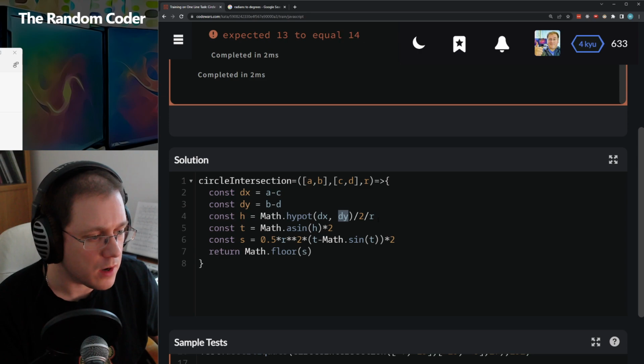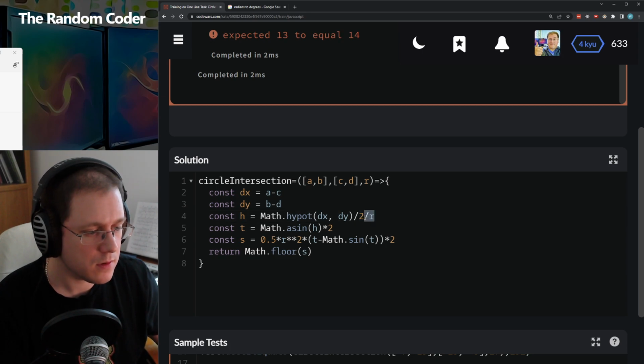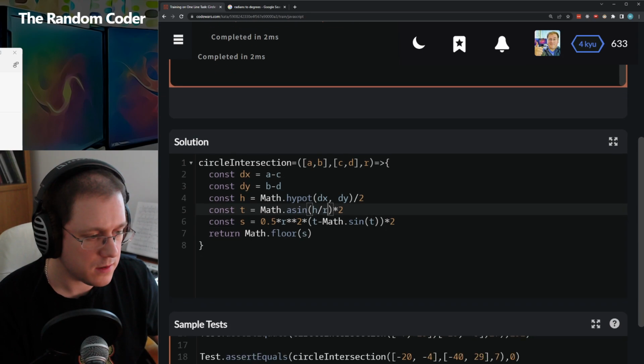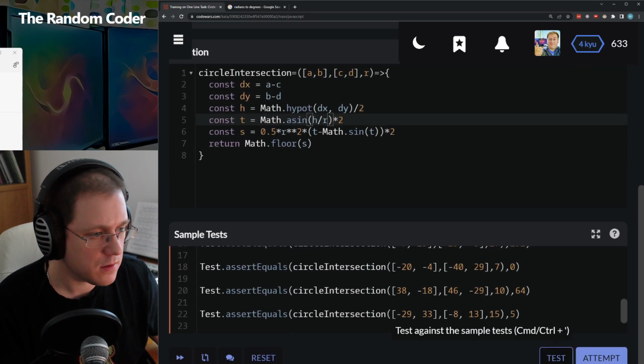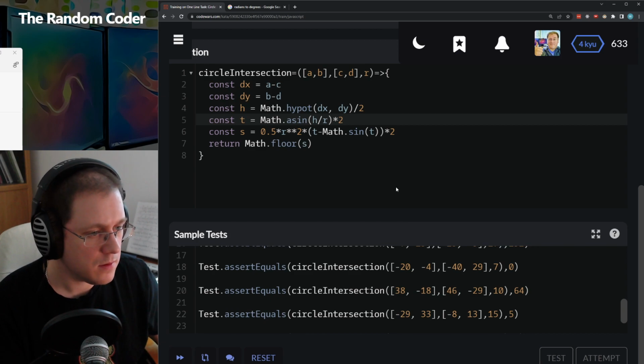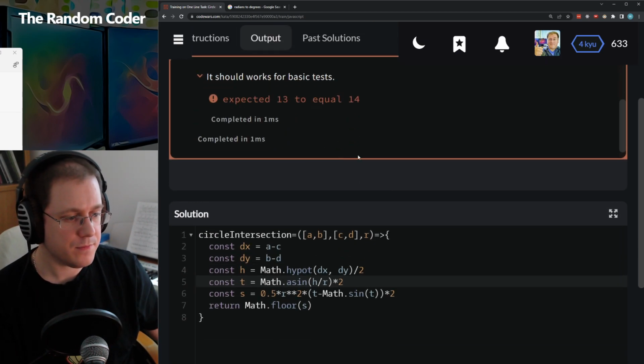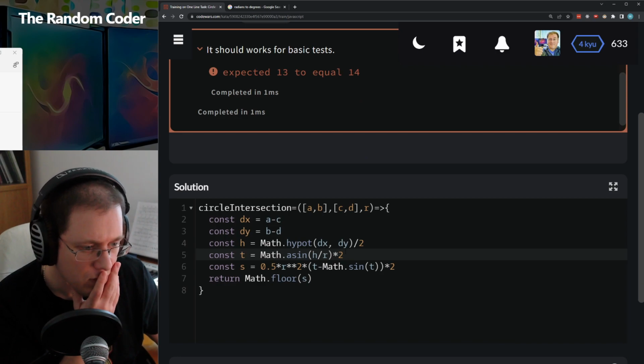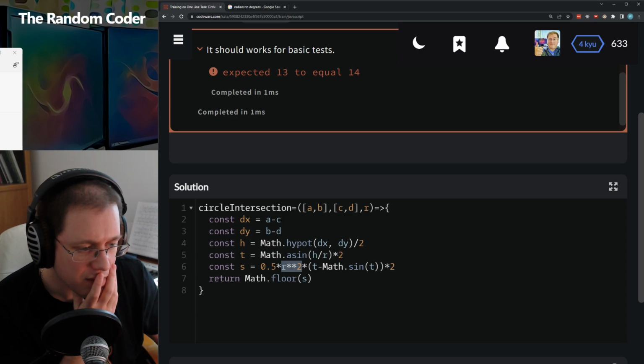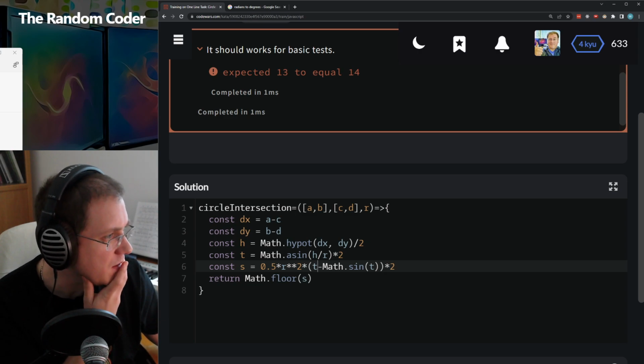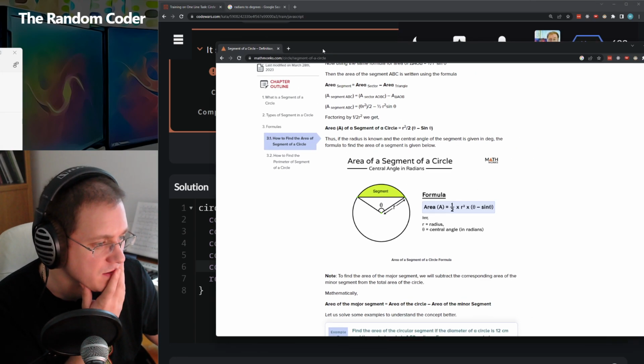Math.hypot dx dy divided by 2. Maybe I'll just put that there. That shouldn't matter though. Sine of theta. Let me just get that again. Maybe I've made some mistake. Oh, did I do minus?